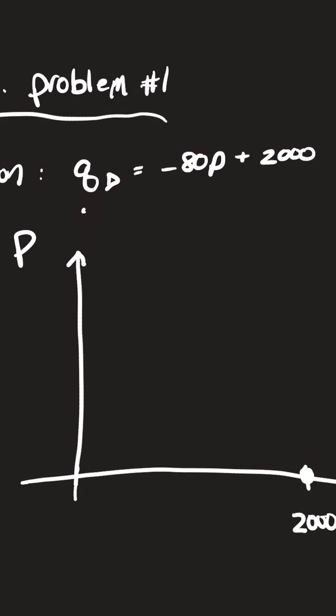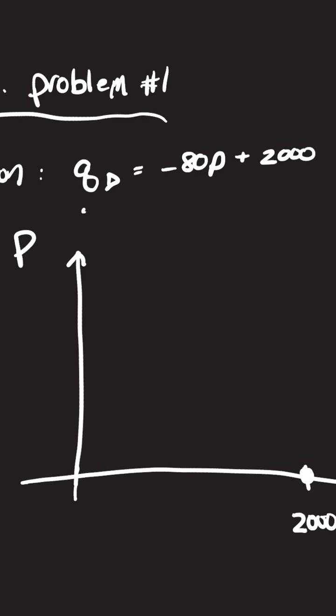We need to find what price will make quantity equal 0. We can rearrange this by adding 80p to both sides and then dividing 2,000 by 80 to solve for the price. And we're going to end up getting 25 when we do that.